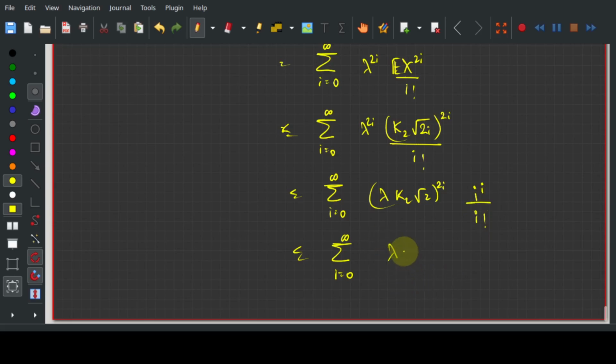So I have some lambda times some other constant times k2 whole raised to the 2i, and i raised to i and i raised to i just get cancelled. Right, I'm just using Stirling's approximation. Okay, now what do I do with this?